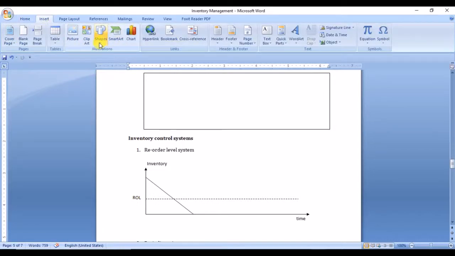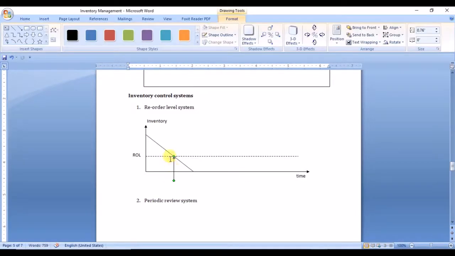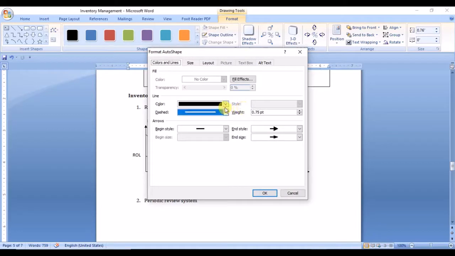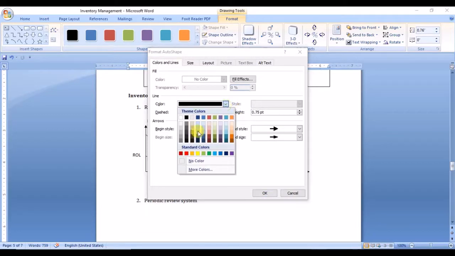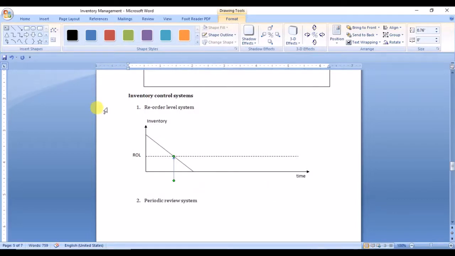Look at this. This time point is when the first order is going to be placed. Let me mark that in a different color. Let me put a blue color for that. Right, that's where the first order is made. Now, you are placing the order at this time point.